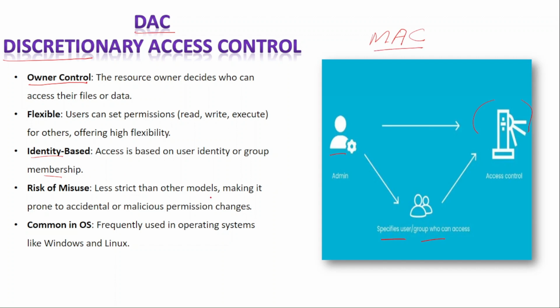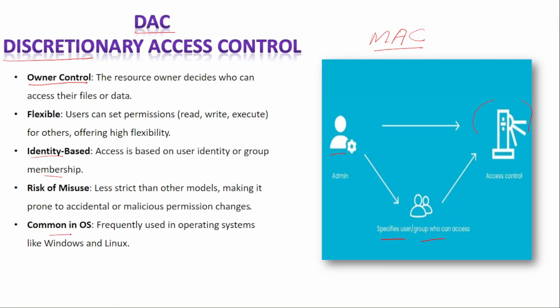So it is less strict than other models, making it prone to accidental or malicious permission changes. For example, if the admin gives permission to a specific group mistakenly, all the users inside that group will have access to the resource.